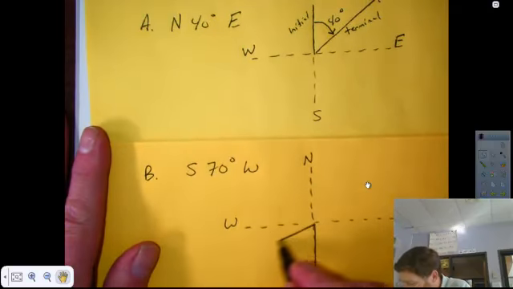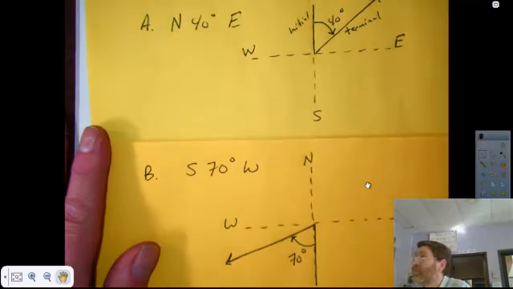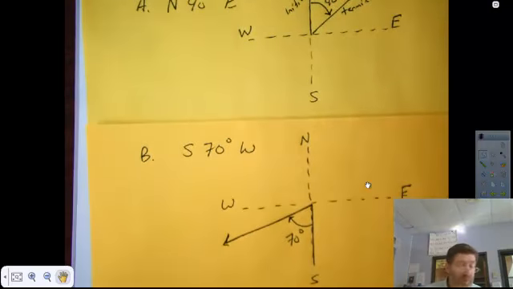So this will be the angle, and this angle here is the 70 degrees. So pretty simple, pretty straightforward. Let's go through an example question that deals with this.